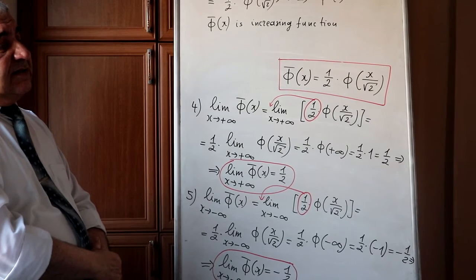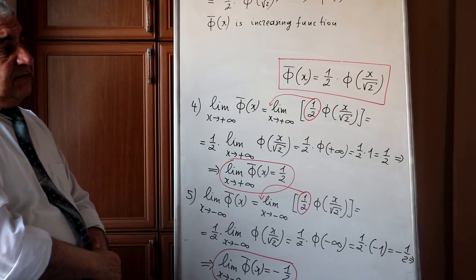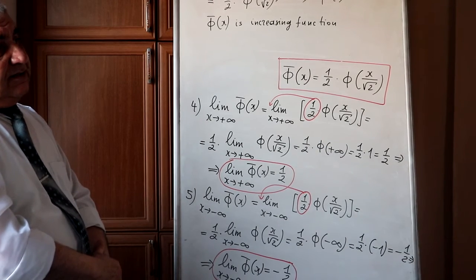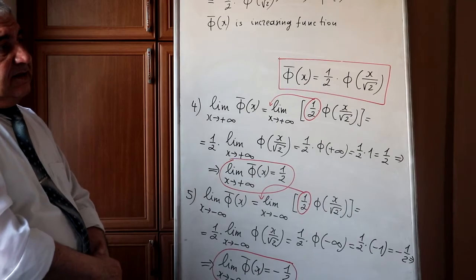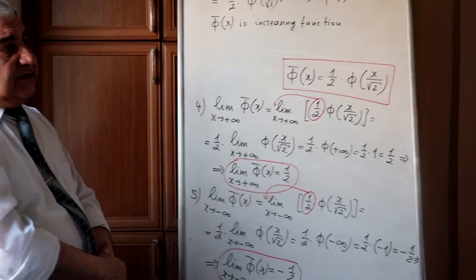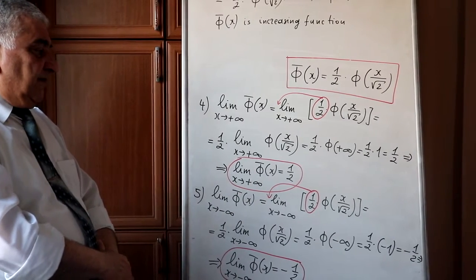According to the third property, the Laplace function is an increasing function. It means the graph of the Laplace function increases. According to the fourth property, the limit of the Laplace function at plus infinity is 1 second.